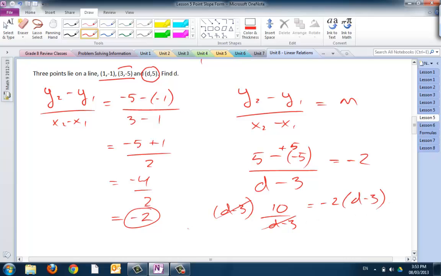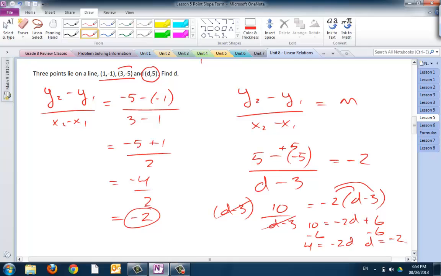Those cancel. This distributes, and I get 10 is equal to minus 2d plus 6. I subtract, and I get 4 is equal to negative 2d, so d is equal to negative 2.